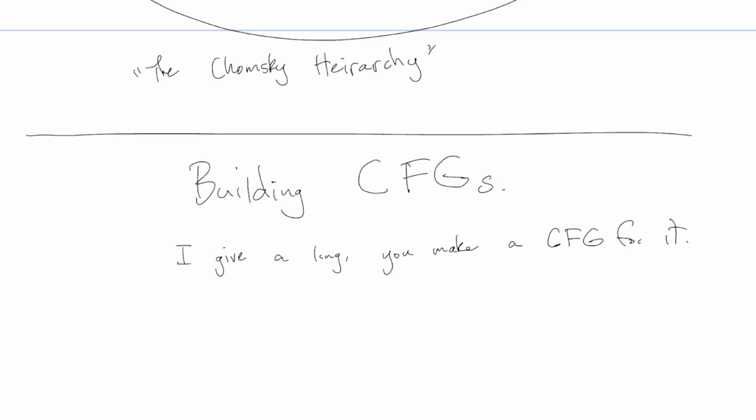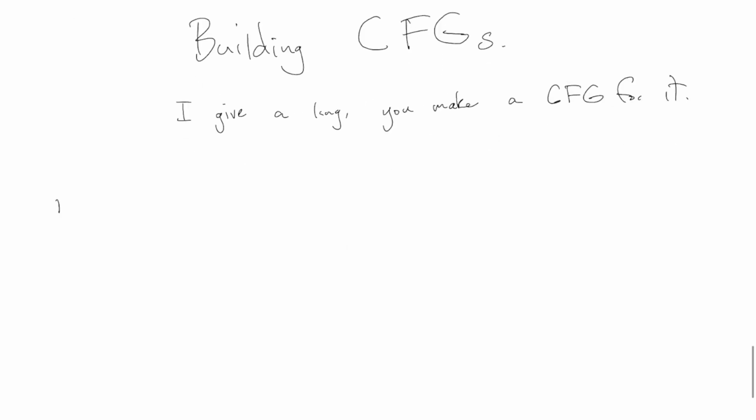All right. Now, there are certain types of examples that we've already talked about. If the language that I'm giving you is a regular language, then you can make an NFA and convert it into a grammar, just like we did at the beginning of class today. So that's an easy case. If it's a regular language, make an NFA and then convert to a grammar.